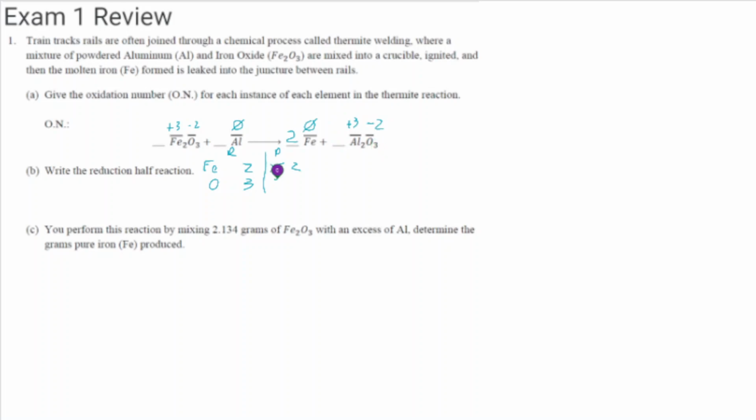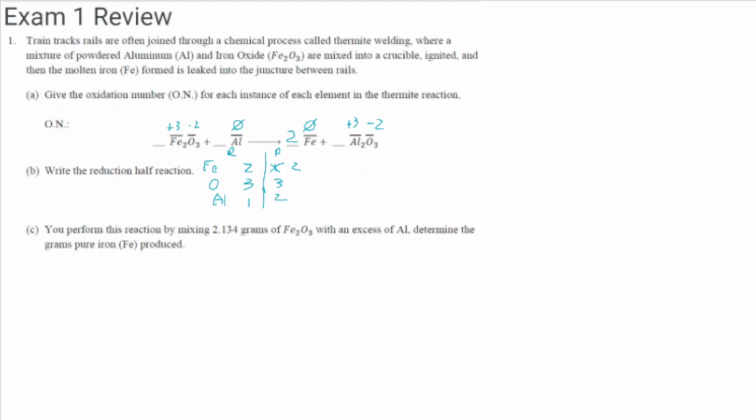So we're going to have 3 oxygens currently. Now we want to look at the aluminum. Now for the aluminum, we have only 1 on the reactant side. So we're going to put 1 there. And then on the product side, we have a 2 subscript and this 1 coefficient. So this will be 1 times 2, giving us 2 aluminums.